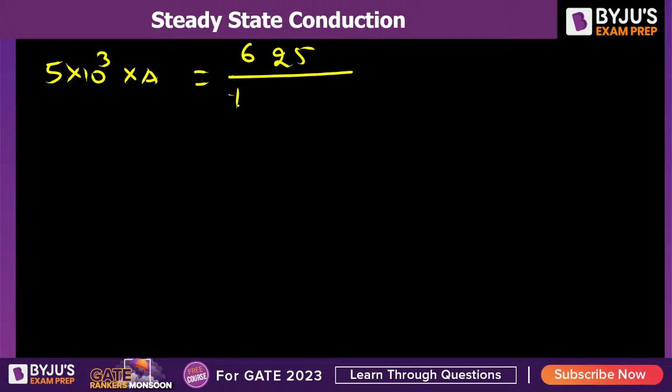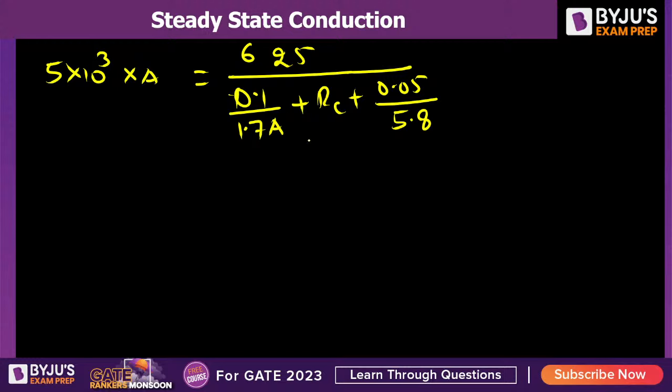100 mm, that is 0.1 upon K1. The thermal conductivity of silica is 1.7 into area plus RC plus 50 mm, 0.05 upon thermal conductivity is 5.8 watt per meter.